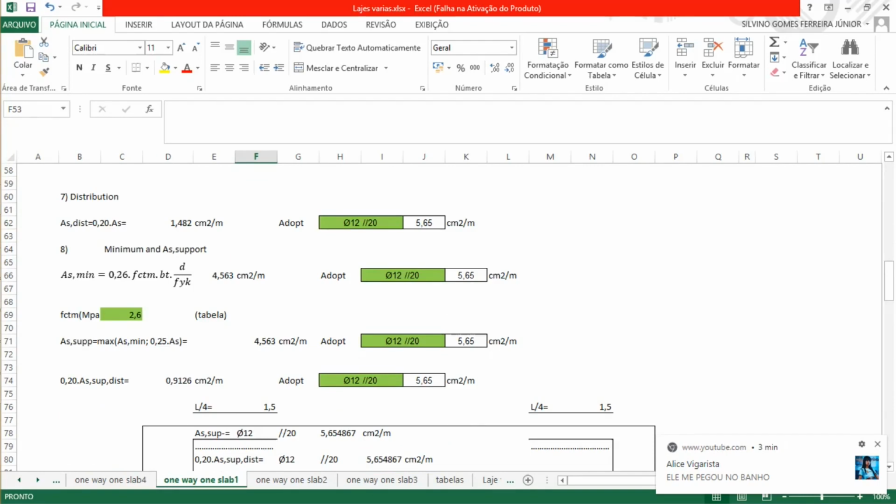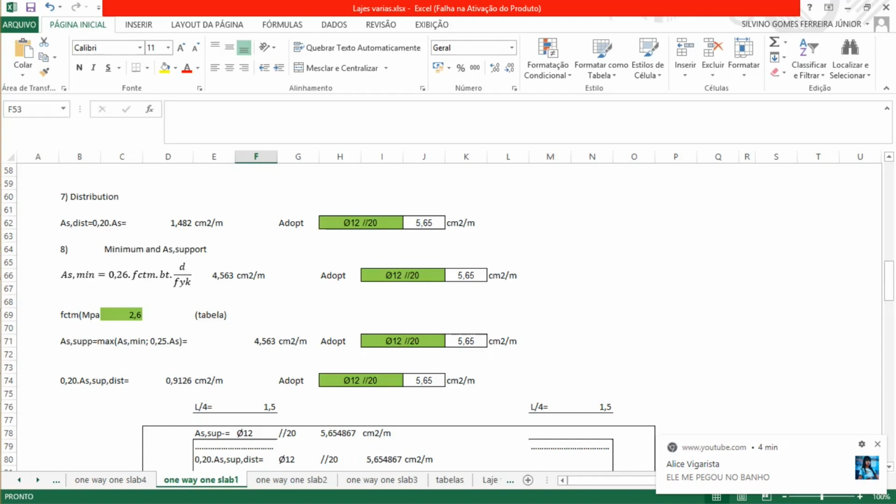0.26 multiplied by FCTM multiplied by the B section in the tension, multiplied by D divided by fyk. Fyk is characteristic value of A400 of steel, so it's 400 megapascal here.